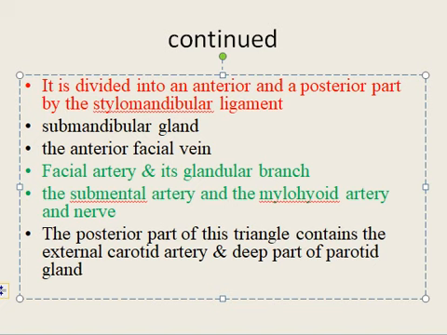The contents of the anterior part are the submandibular gland, the anterior facial vein, facial artery and its glandular branch, the submental artery and the mylohyoid artery and nerve. The posterior part of this triangle contains the external carotid artery and deep part of the parotid gland.